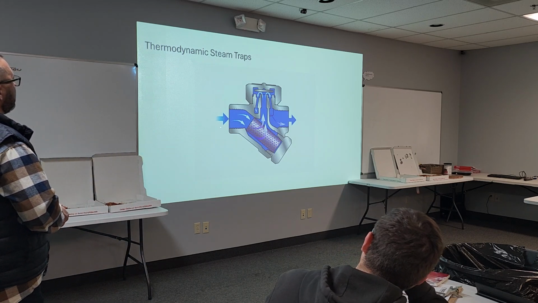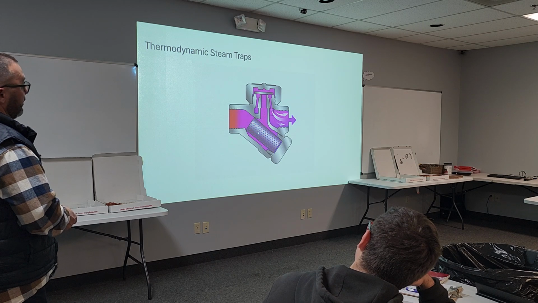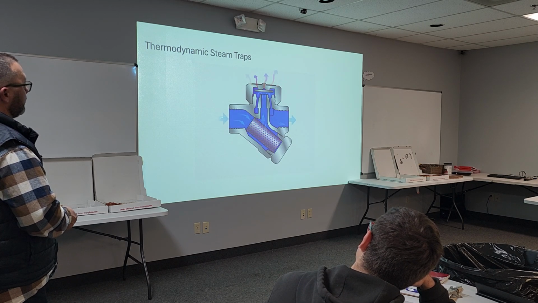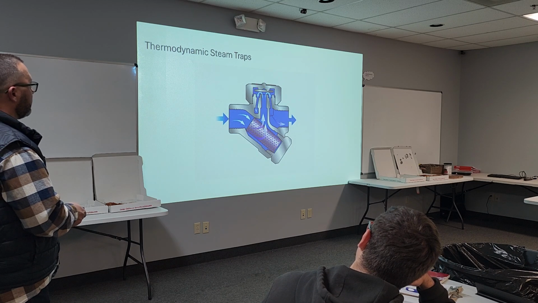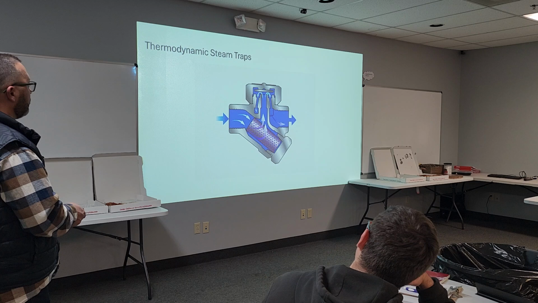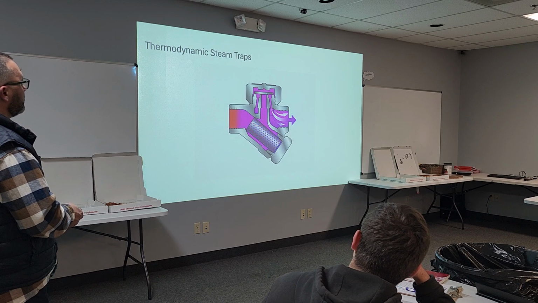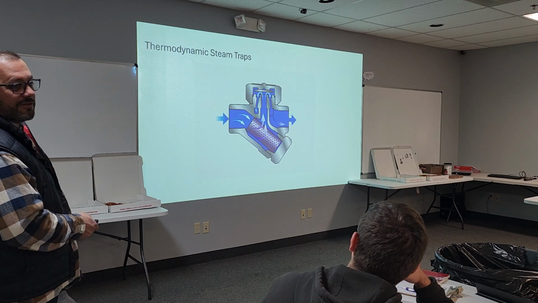We've got condensate in this case going through a strainer. And why it really makes sense to use the universal trap that has the strainer is because if there's a bunch of dirt or debris or pipe scale that's not getting strained, that's the head, the main seating surface. What's going to happen? It's not going to close.